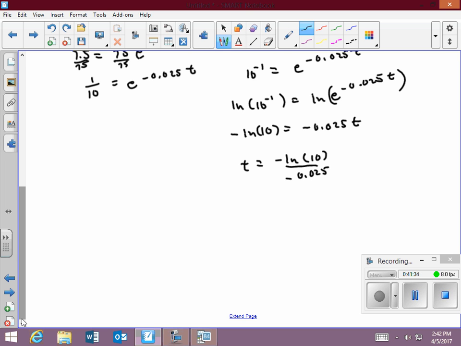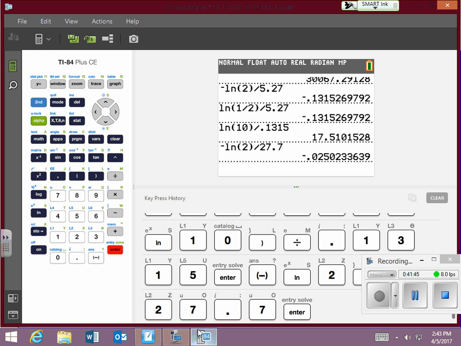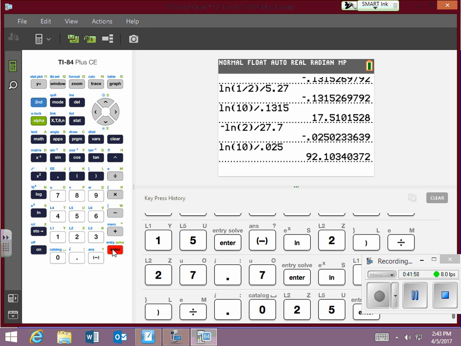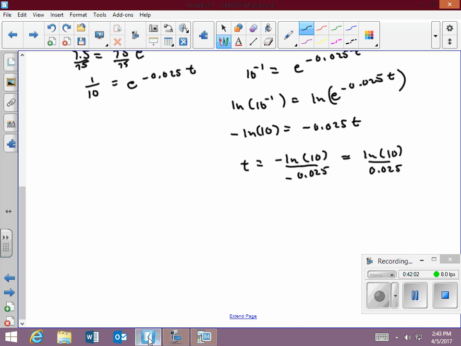So when I do my calculator, I can just do ln of 10 over 0.025. 92.1. That'd be in years. T.